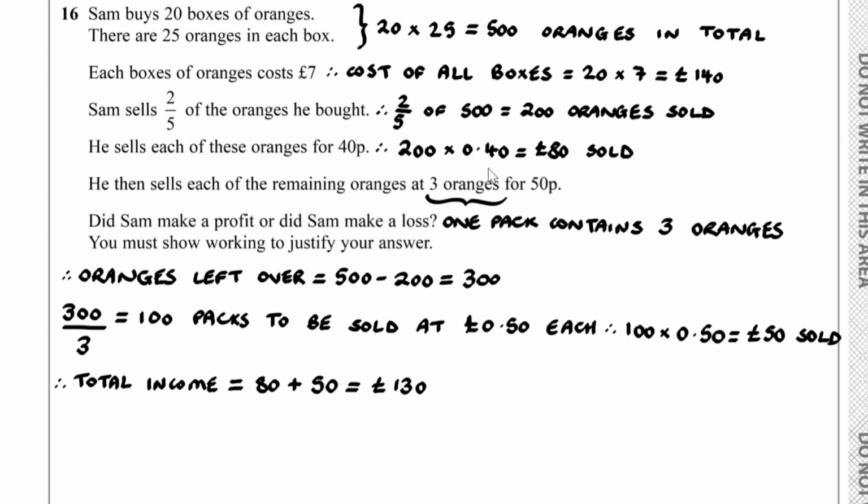Now, we know that the cost is 140, so this amount here is less than the £140, and therefore he makes a loss of £10.